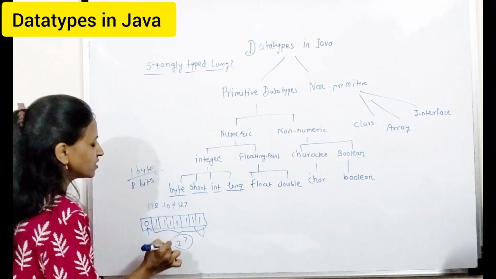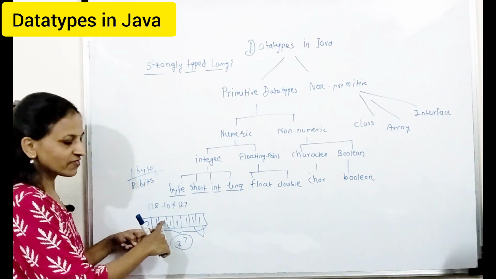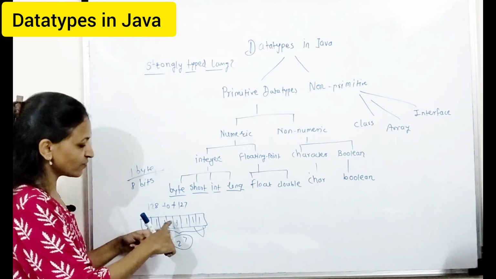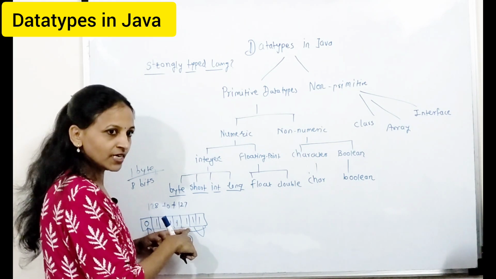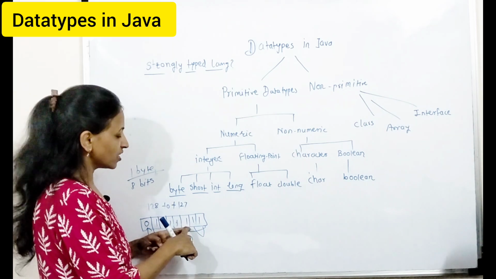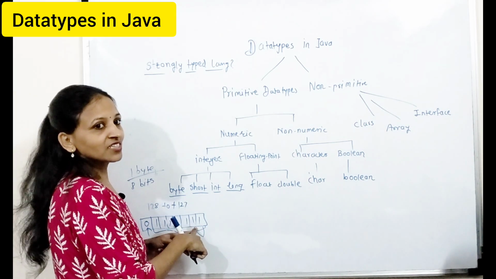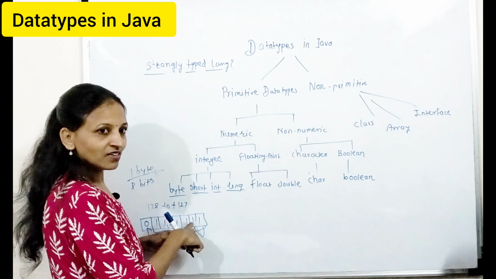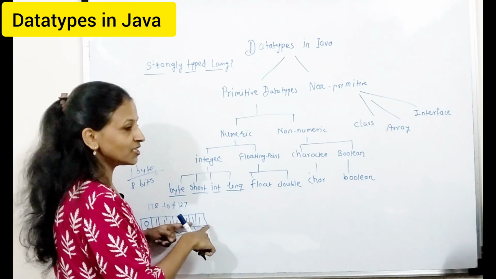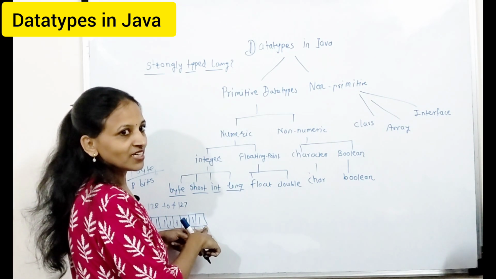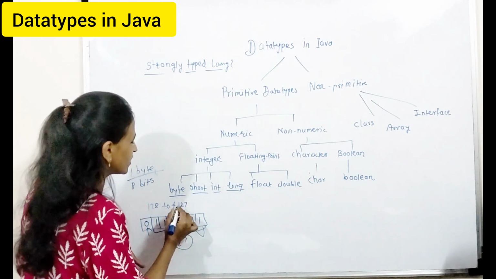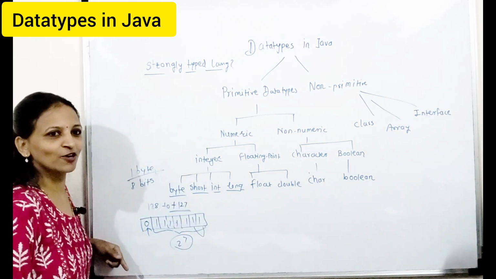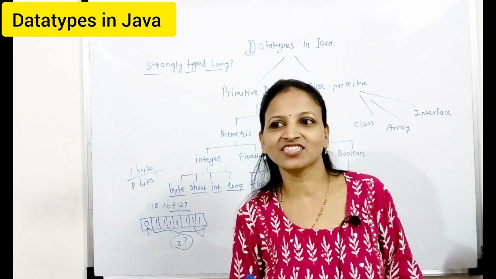You can compute this value. 1 into 2 is 2, plus 1 is 3, 3 twos are 6, plus 1 is 7, 7 twos are 14, plus 1 is 15, 15 twos are 30, plus 1 is 31, 31 twos are 62, plus 1 is 63, 63 twos are 126, plus 1 is 127. That's why the maximum possible positive value is plus 127.